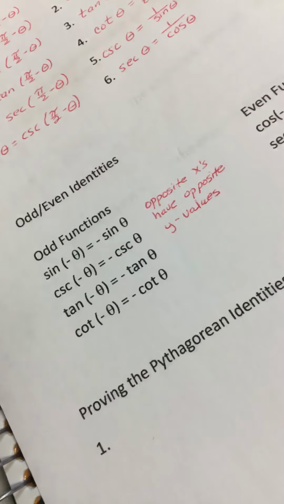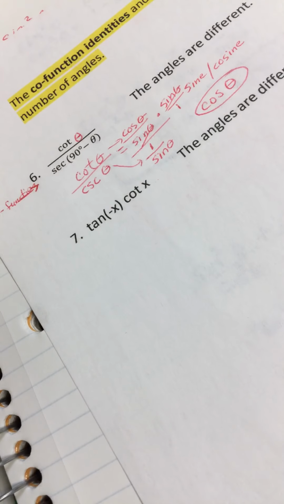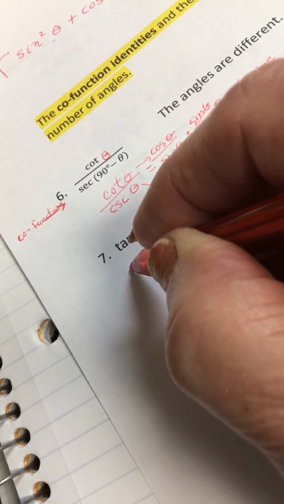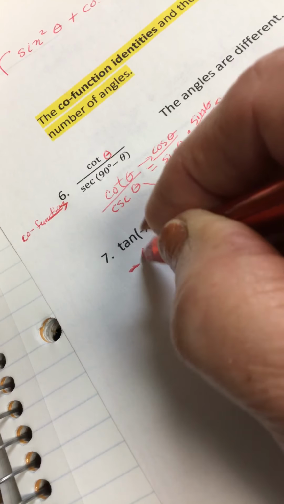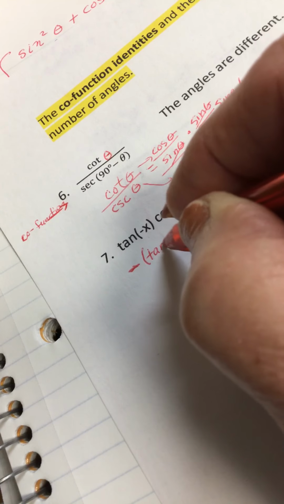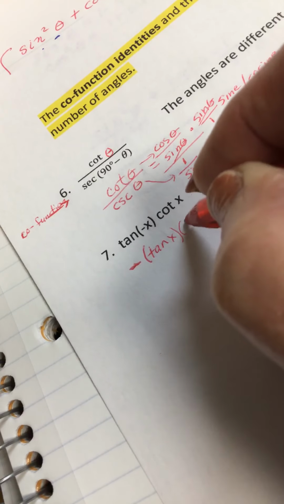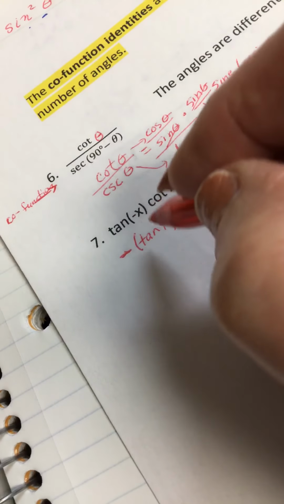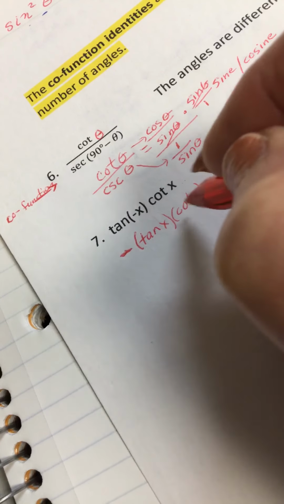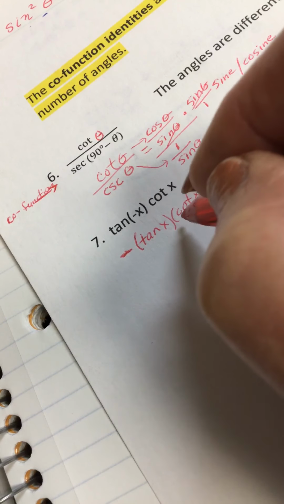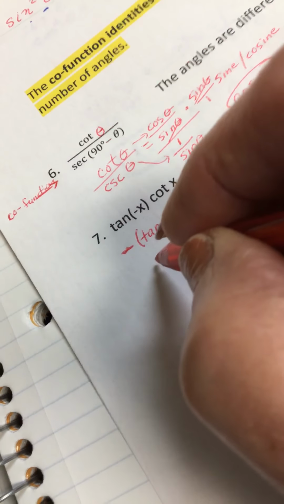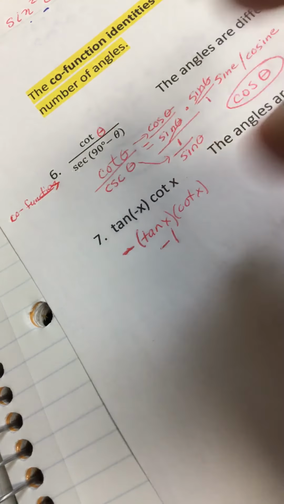So if I want to replace the tangent of the opposite of x, it is the opposite of whatever the tangent is. Now when you get to this point, these are reciprocals, and you may just know that the product of reciprocals is 1. So my answer here is -1.